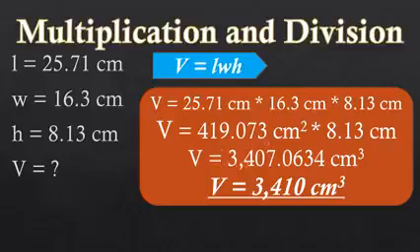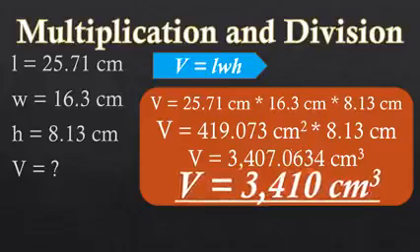So instead of 3,407.0634 cubic centimeters, our final answer is 3,410. So dito tayo nag-round to the nearest tens, okay? Para magkaroon tayo ng 3 significant digits. And these are 3, 4, and 1. The 0 here acts as a trailing 0 and is not a significant digit. Okay? So meron tayong tatlo. Final answer for the volume is equal to 3,410 cubic centimeters.